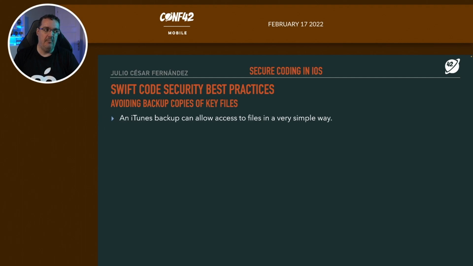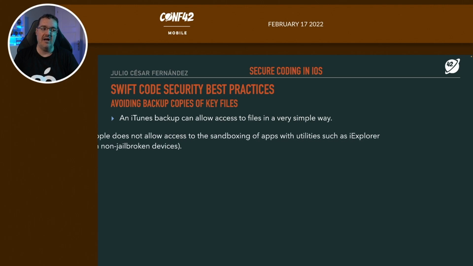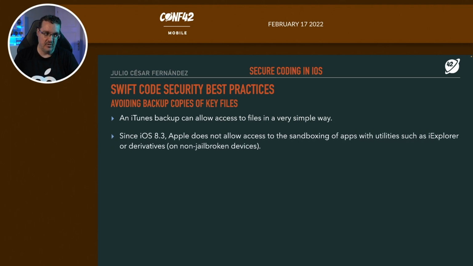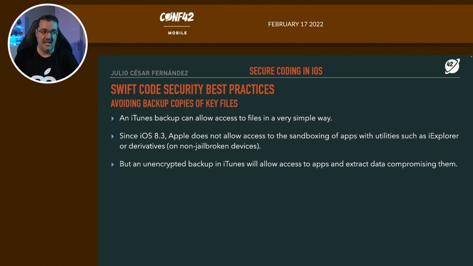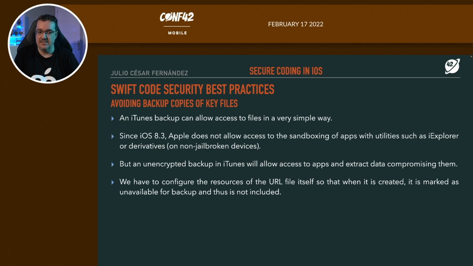Another thing is to avoid backup copies of key files. An iTunes backup, for example, can allow access to files in a very simple way. Okay, since iOS 8.3, Apple does not allow access to the sandbox. But if you or someone makes an unencrypted backup in iTunes of your device, they can come to extract data and compromise your security or your privacy.